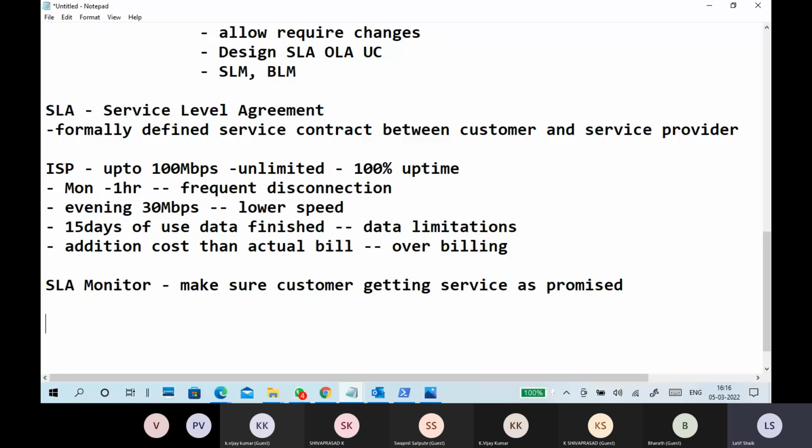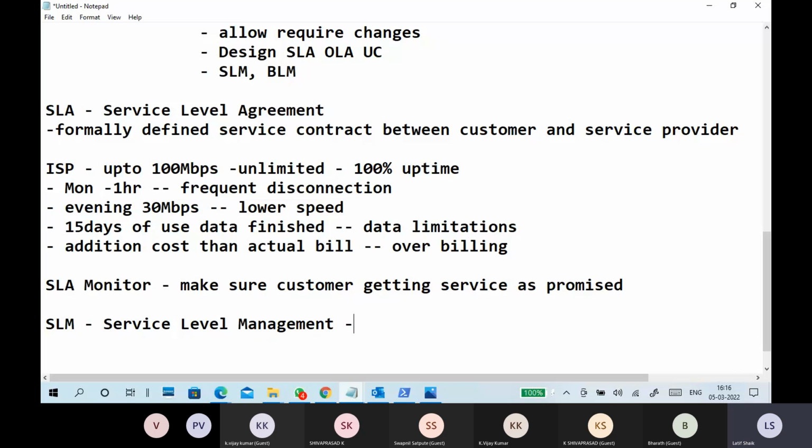Next one is SLM. Okay, ITSM and SLM. There is a small relationship. Service level management.